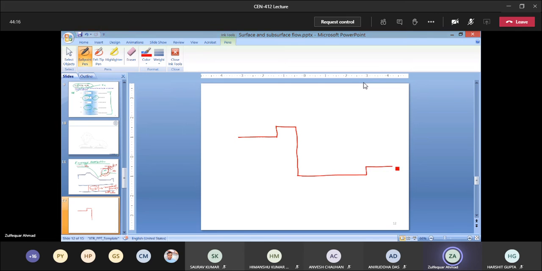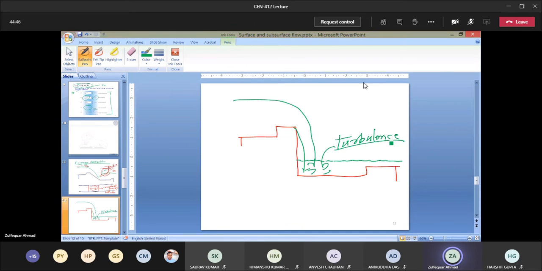This is the stilling basin. So this is the structure. Here also we can put the upstream and downstream cutoff, and this water is falling here, and we have a certain water level here all the time, right? So once this is falling here, there is a lot of turbulence, and those turbulences are responsible for the dissipation of the energy, right?